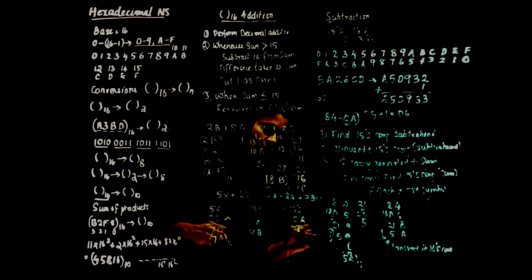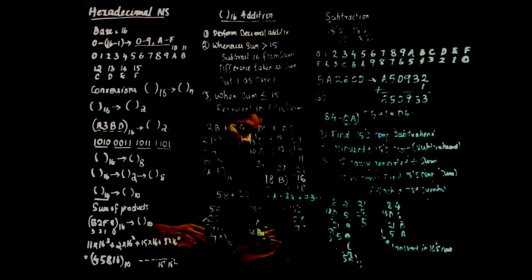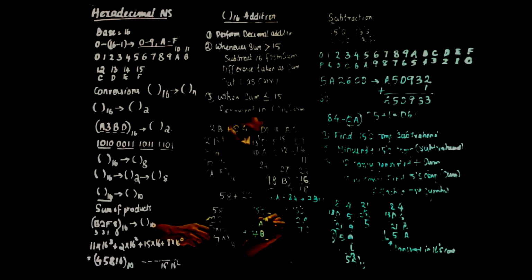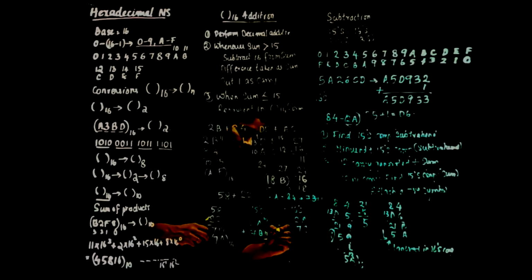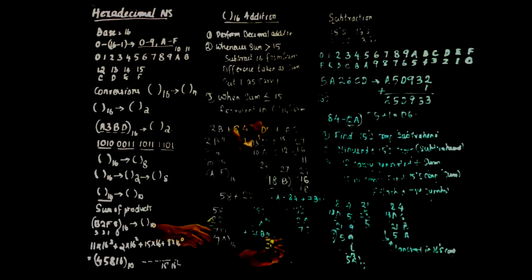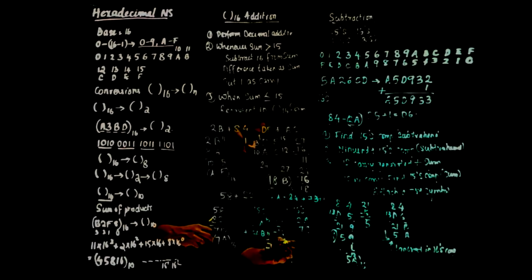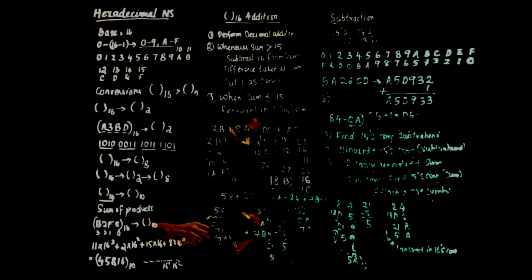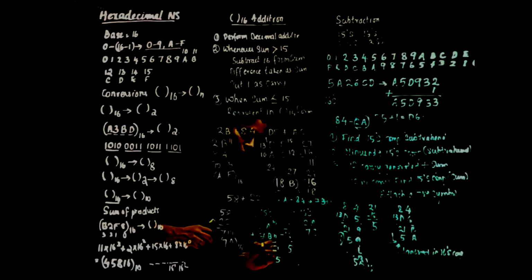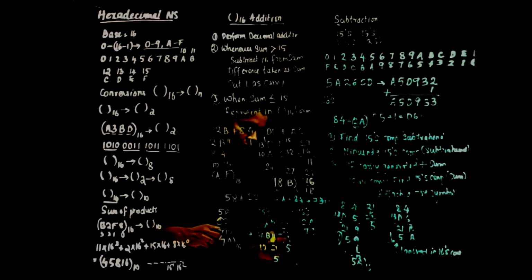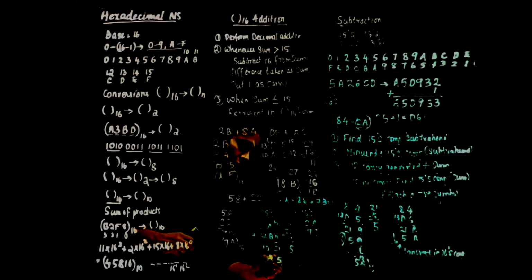Now A plus B is 10 plus 11, which is equal to 21. 21 is not permissible, so 21 minus 16 will give you 5 and 1 carry. So, this is equal to 5, and 2 plus 7 plus the carry is 10, that is A5.